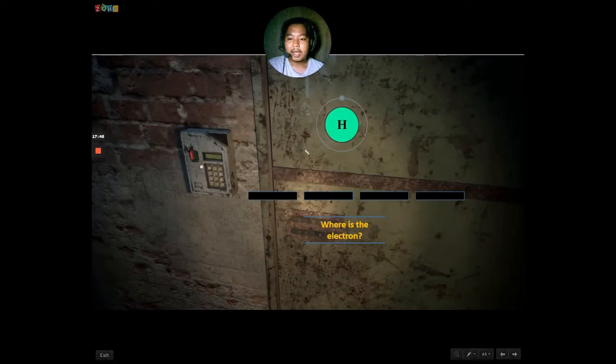So here, if I'm asked where is the electron? I know that the electron configuration of hydrogen is 1s1. It can be seen in the periodic table, or you can do it by yourself. I've already taught you last sem. By this information through the hydrogen, I can get the first quantum number, which is 1.